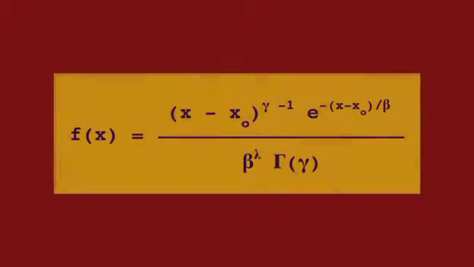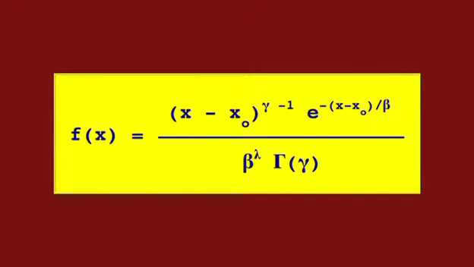The Pearson type 3 distribution has been widely used in flood frequency analysis. It is a three-parameter skewed distribution with the following PDF, and parameters beta, gamma, and x sub o. The term gamma of gamma is an important definite integral referred to as the gamma function.